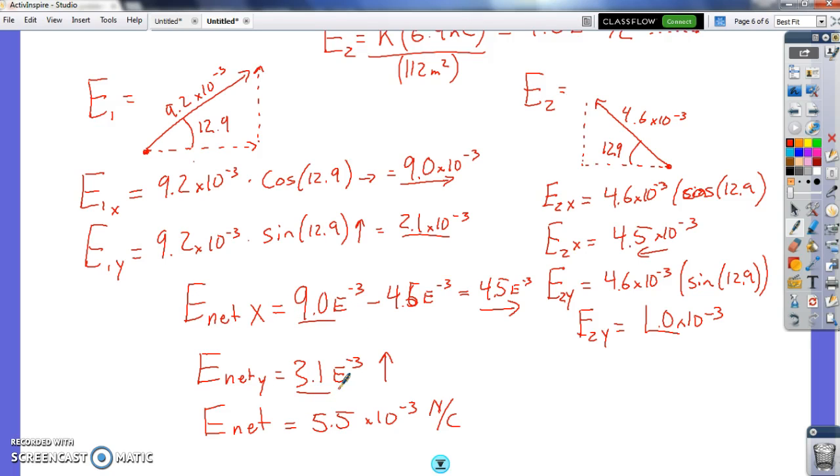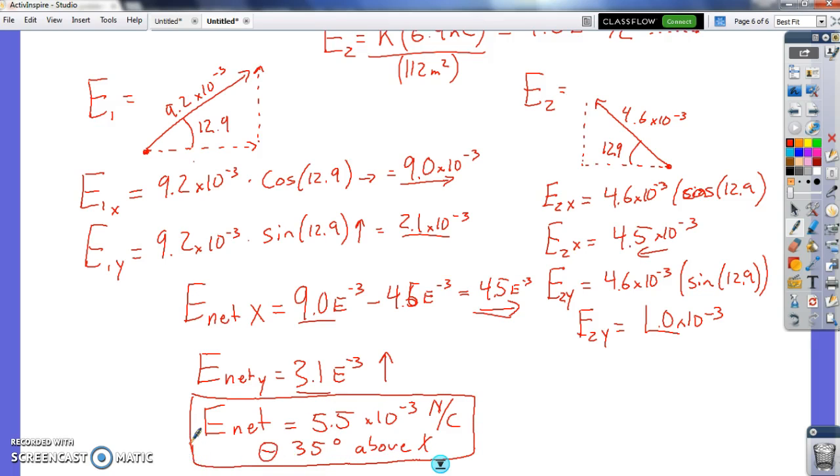The tangent of our x and our y ends up being 35 degrees above x. Hopefully that kind of clarifies some things for you guys. You can watch it, you can see how I do these, and that should answer your questions. We'll talk about it in class.